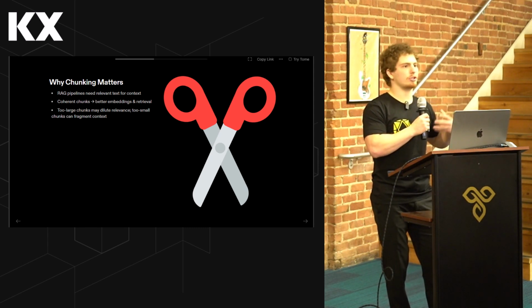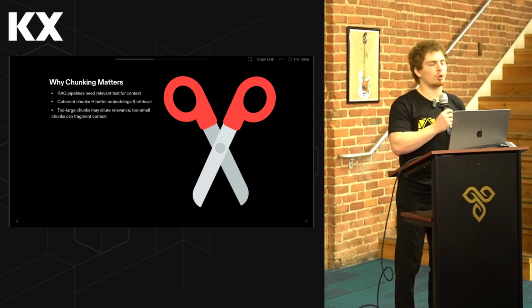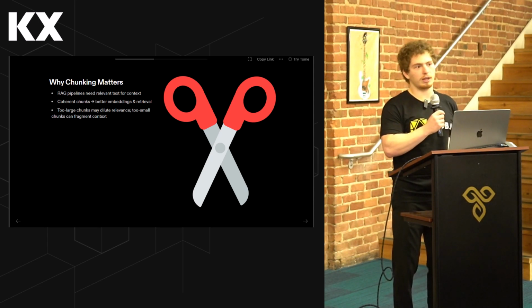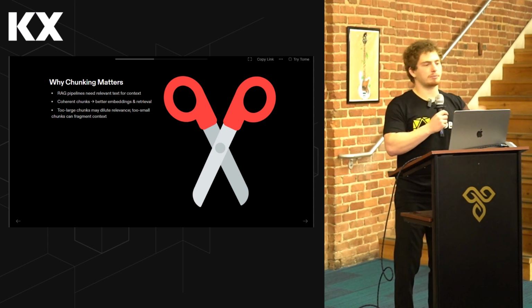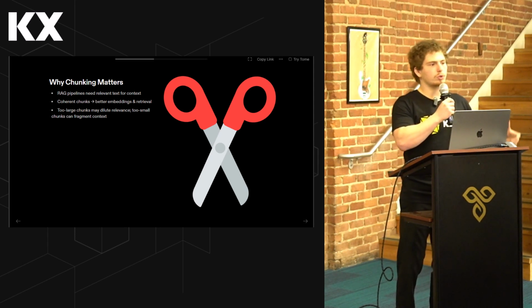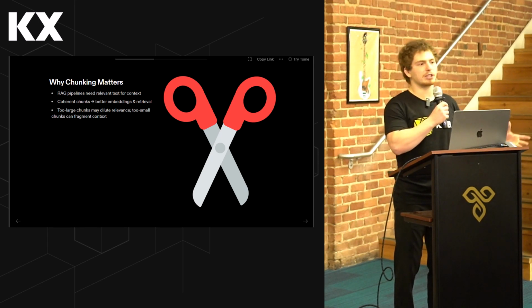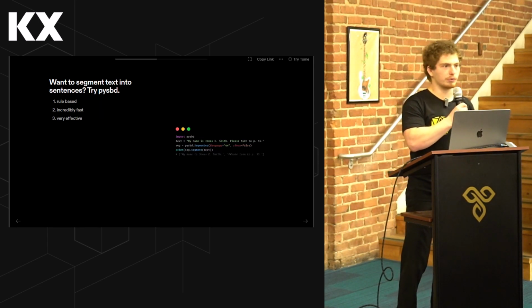So two large chunks can dilute relevance, and two small chunks can completely fragment our context. But there's only so much that chunking can do, which is why strategies like contextual chunking make sense, which add context to that specific chunk. This not only adds the context that the LLM might need, but it also changes the location of the chunk in embedding space, which could potentially improve retrievals.